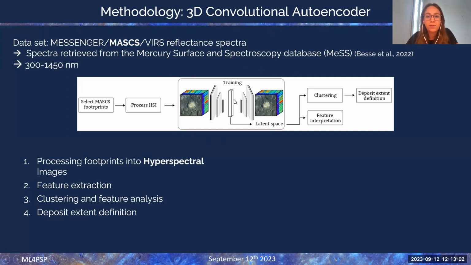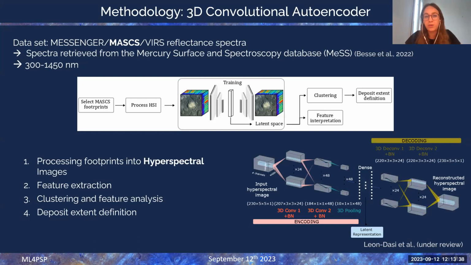In essence, this neural network reduces the dimensionality of each pixel by compressing information not only from its spectral domain, so the spectra of each pixel, but also from the surroundings, so that it will be able to extract both spatial and spectral features. Once we have the network trained and we have this dimensionality reduction, we do two things. We first interpret these features, and then we create cluster maps that allow us to get the extent of the deposit.